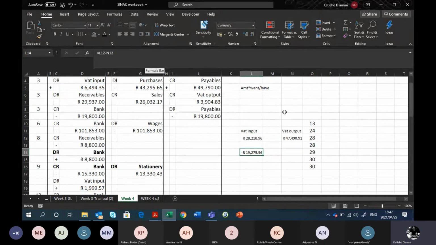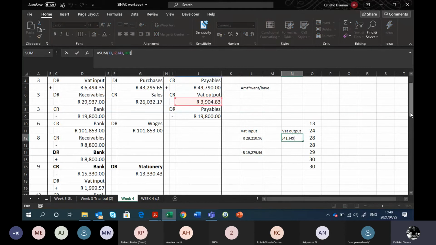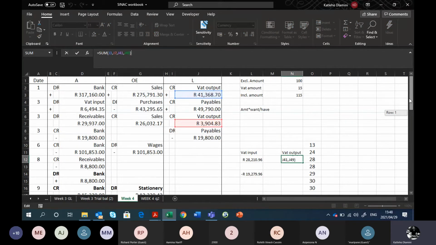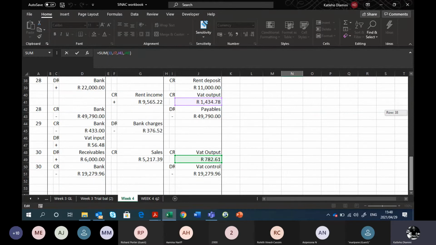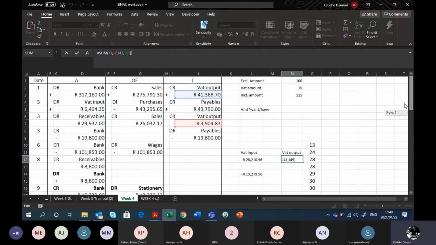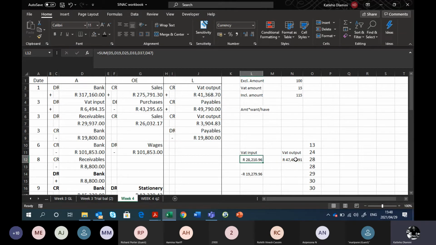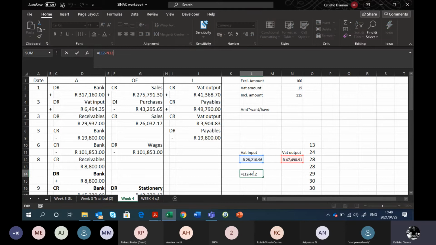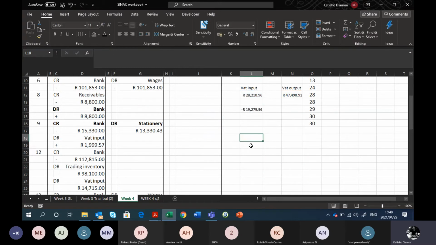Then for my VAT output, I got that amount on the 1st, the 3rd, the 28th, and the 30th. And then I subtracted one from the other, input minus output, and I got that 19,000 there.